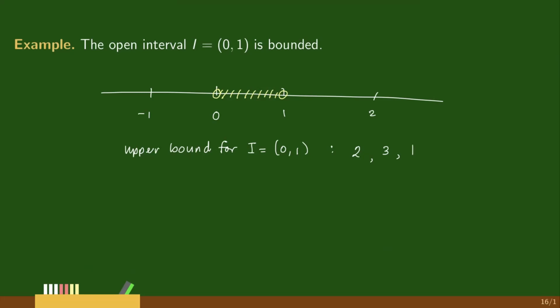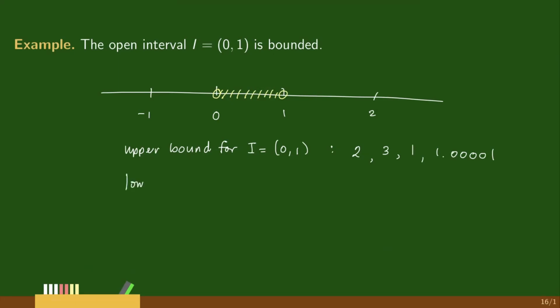But can you think of any number less than 1 that is an upper bound? Is there a number smaller than 1 that is an upper bound? None. So we think that 1 is the least among the upper bounds. Later you will find that it will play an important role, the least upper bound.